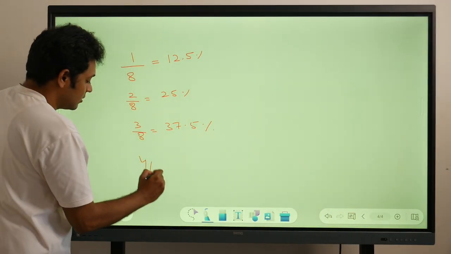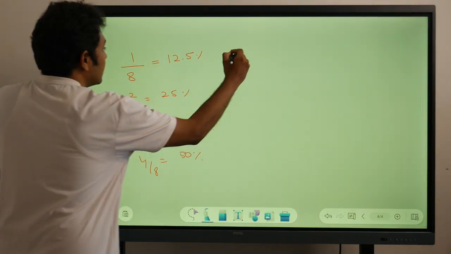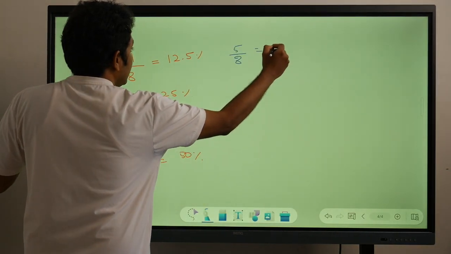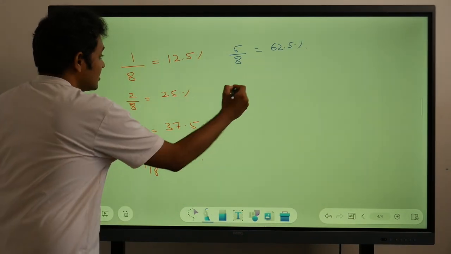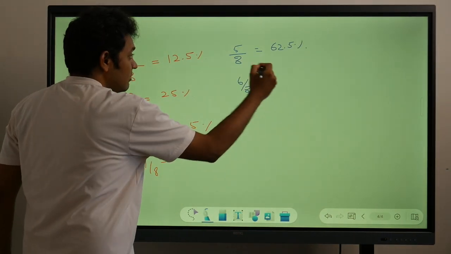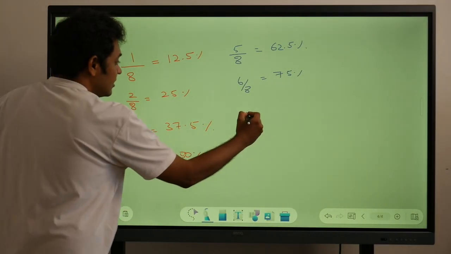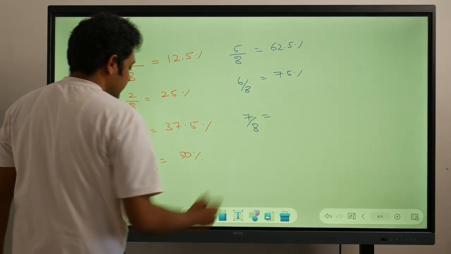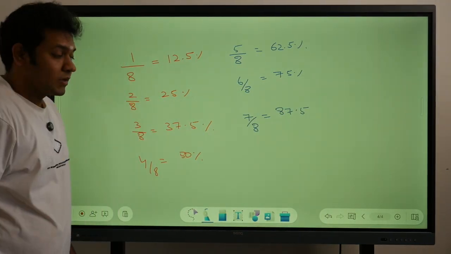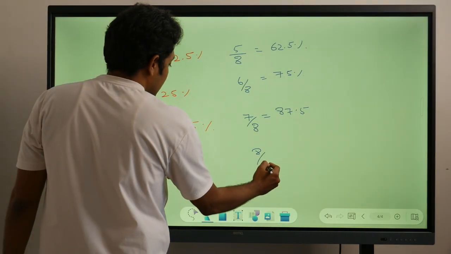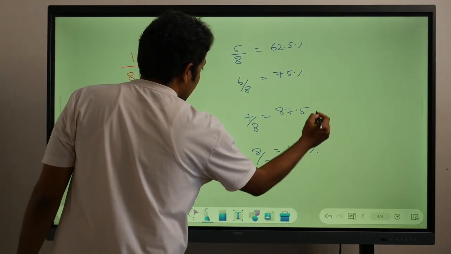What is 4 by 8? Half, 50%. 5 by 8 will be 62.5%, 50 plus 12.5. 6 by 8 will be 3 by 4, 75%. 7 by 8 will be 87.5%. 8 by 8 is 100%.